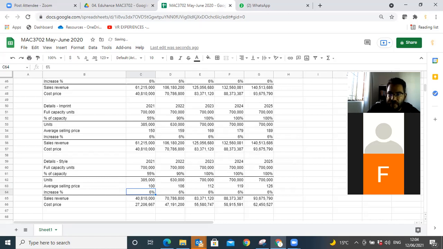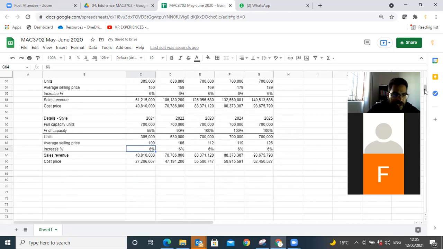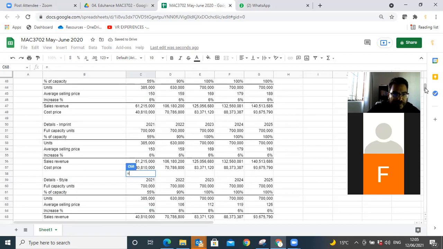Okay, so now we can get total revenue and total costs. Total revenue is going to be the sum of the four. So revenue of Cherry plus revenue of Imprint, Lace plus, did I miss someone? Let me just go back.